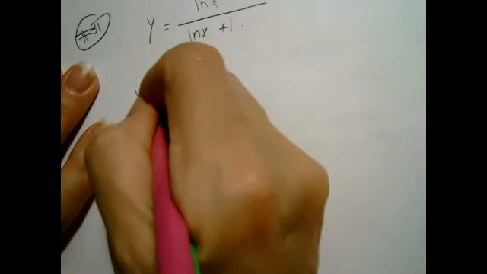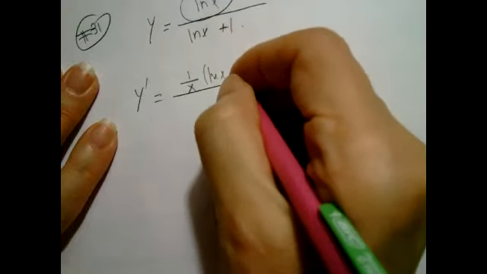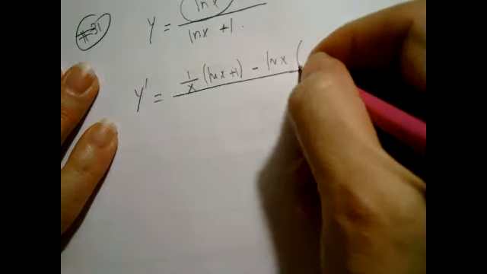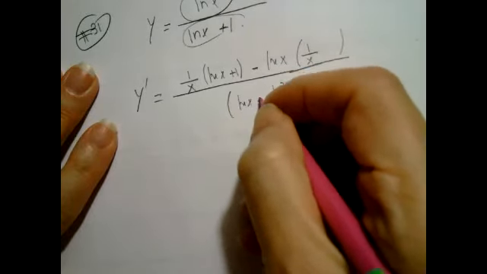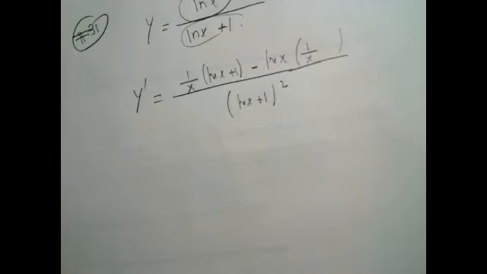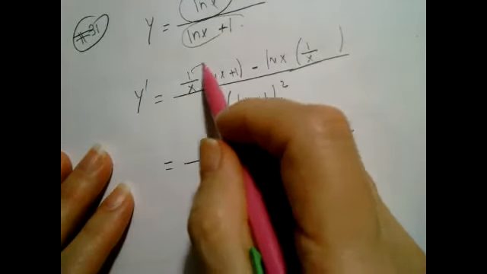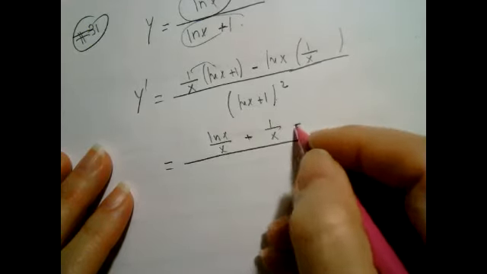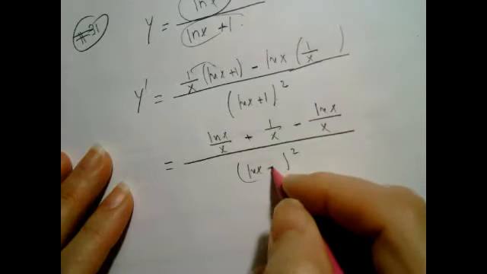So what is y prime? The derivative of the numerator times the denominator, minus the numerator times the derivative of the denominator, which is 1 over x, the whole thing divided by the denominator squared. Quickly, we multiply 1 over x times this and distribute, minus that over this quantity squared.